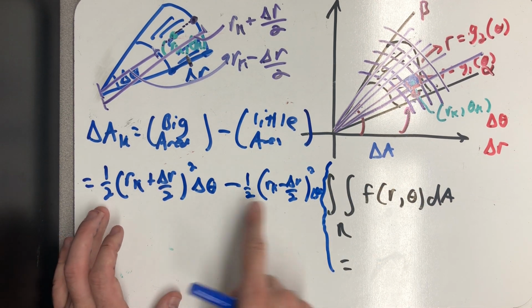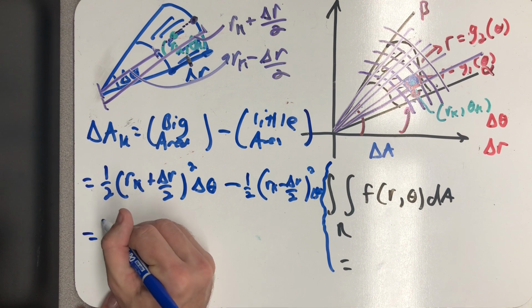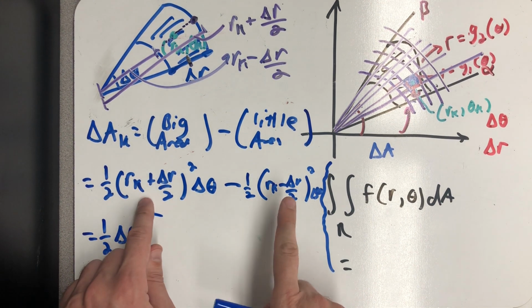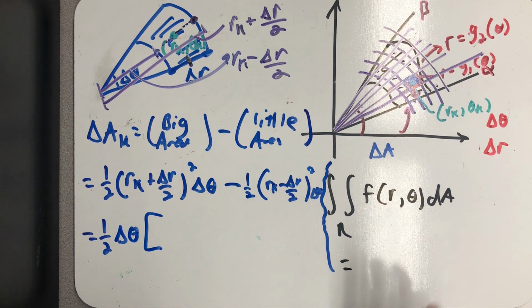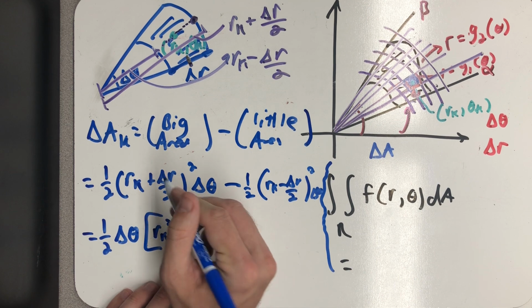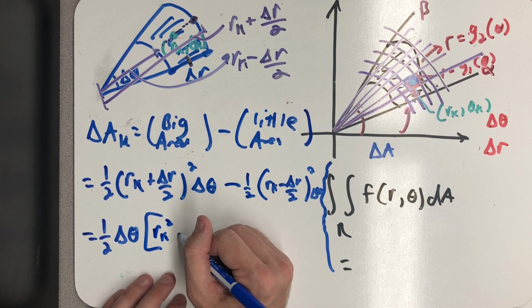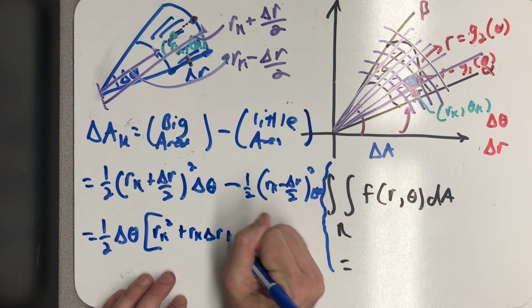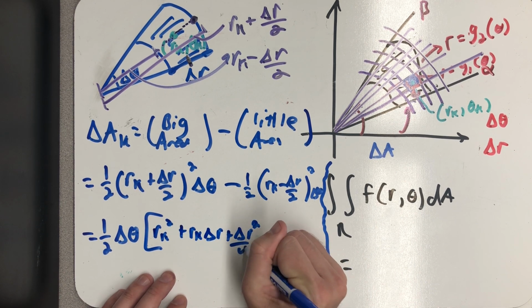Both things have a 1/2 times delta theta. I'm going to factor that out front. And I'm going to go on and multiply these two things out, and some really nice things are getting ready to happen. Again, rk squared. Multiply these together and double it, get rk times delta r plus delta r squared over 4.